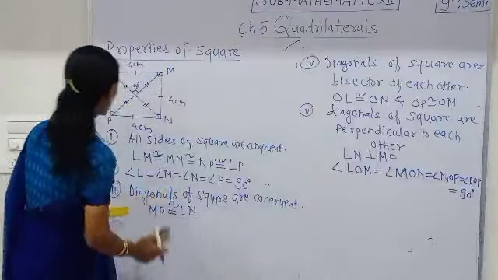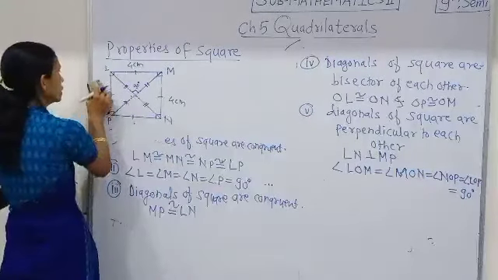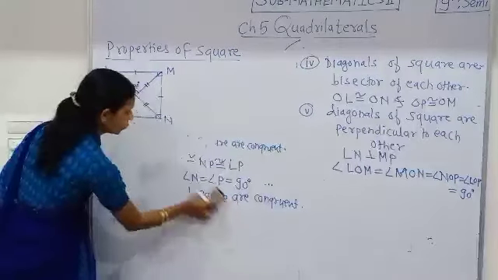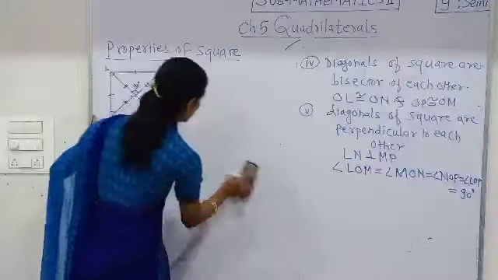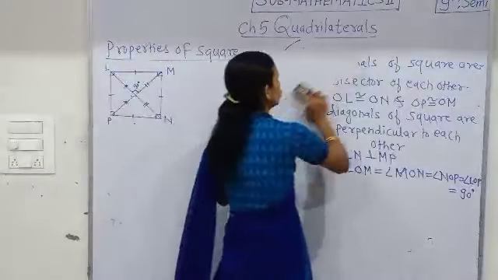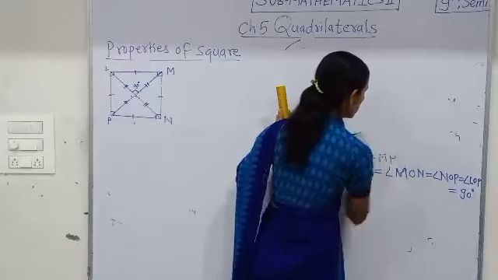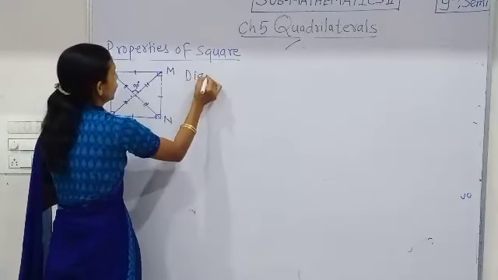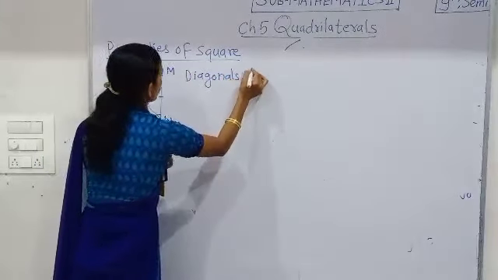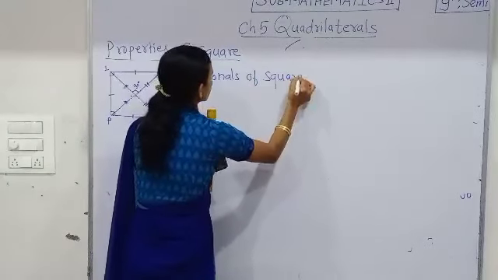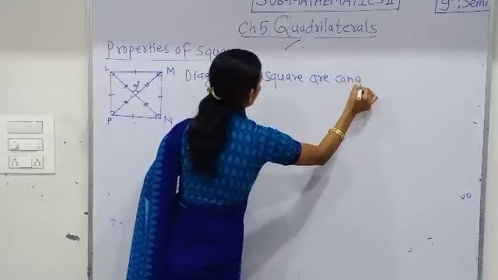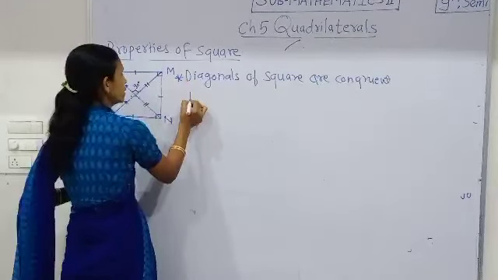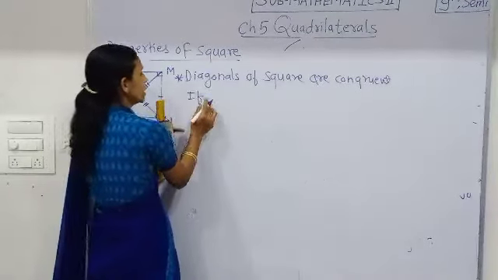Then one of the properties related to the square quadrilateral, we have to prove here. The property we have to prove is that the diagonals of a square are congruent. If we have to prove this property, then we have to write the statement using if and then.